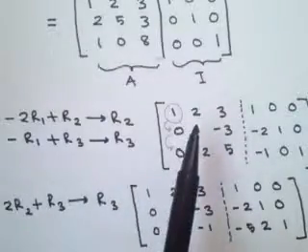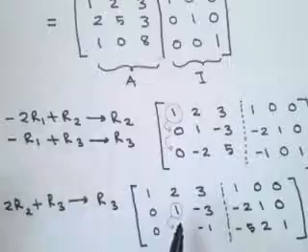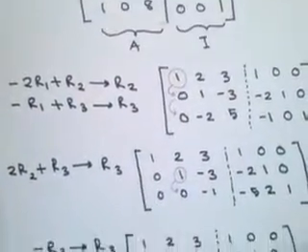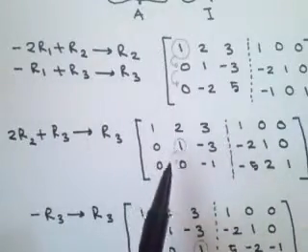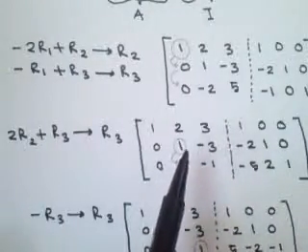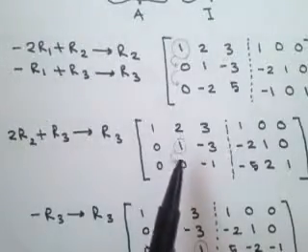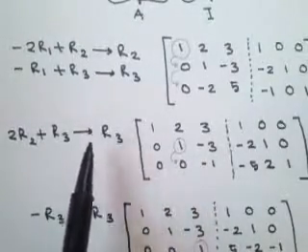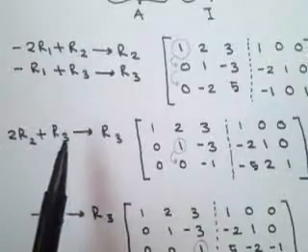So we have to start with the second leading one here, which is this one. To make the elements below this leading one zero, we have to multiply 2 with row 2 and then add row 3.